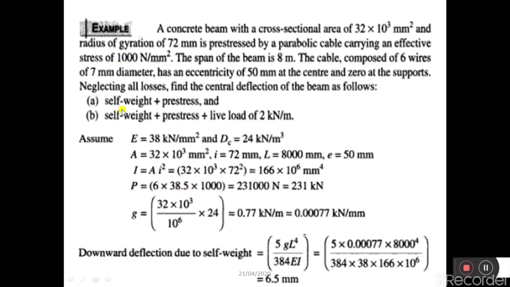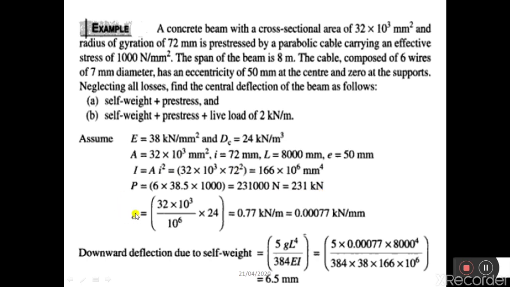So 38.5 means it is pi d square by 4. So pi into 7 square by 4 will get 38.5. Therefore, initial pre-stressing force is equal to 23 into 10 to the power of 4 Newton, that is 231 kilonewton. This is the initial pre-stressing force which is applied to the cable.